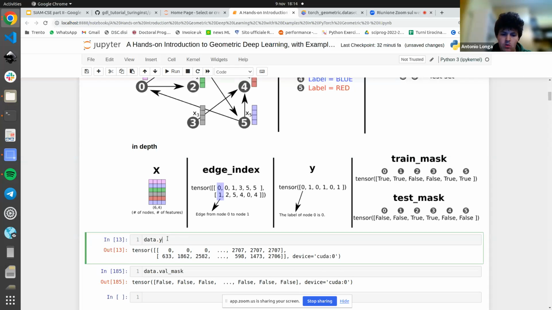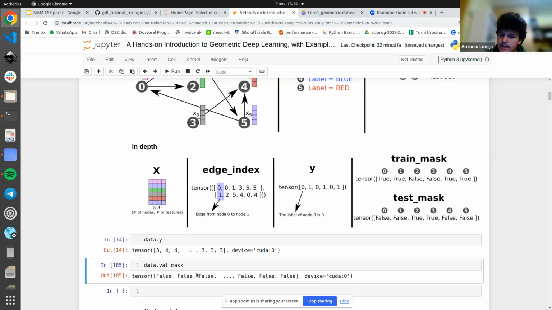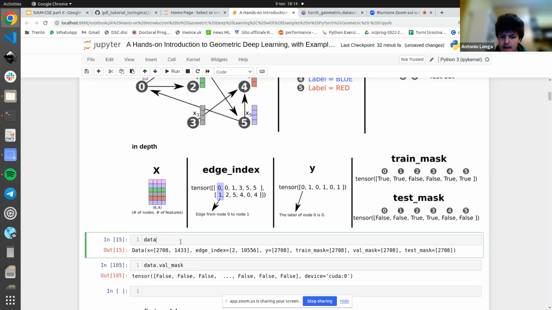Then we have our labels. For Cora, I didn't tell you, but if I remember correctly, it's 7 classes. So we are not in a binary classification, but we have 7 classes, and each node belongs to one of those 7 classes. And then we have our masks.